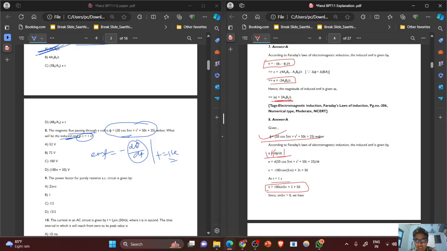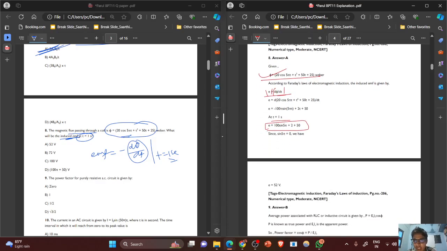At T equals 1 second, the sine of pi, being an integral multiple of pi, will be 0. So the EMF will come out to be 52 volt. Option number first is your correct answer.